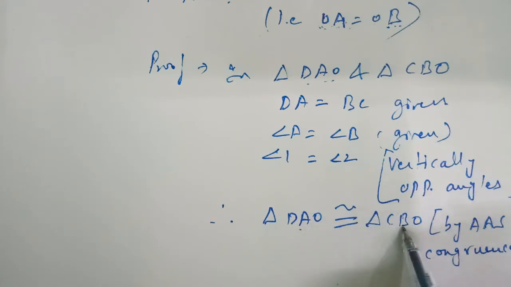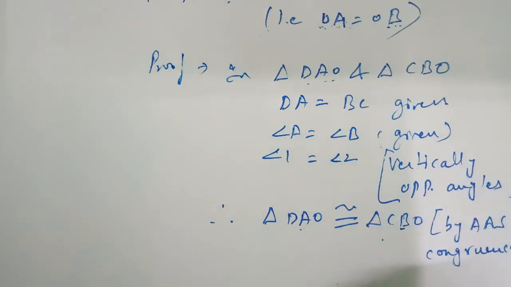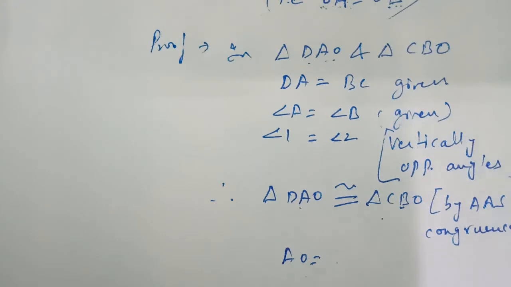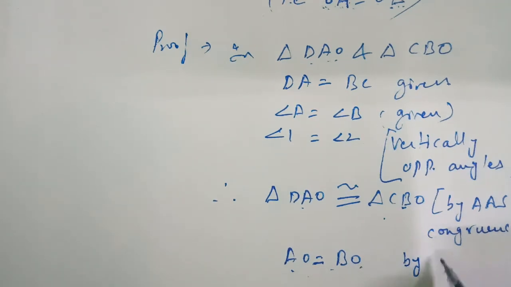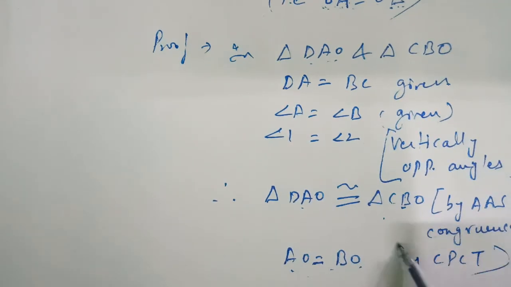Now, when the triangles are congruent, then their other parts are also equal. So the required we get: AO is equal to BO, and these two are equal by which criteria? CPCT, corresponding parts of congruent triangles.